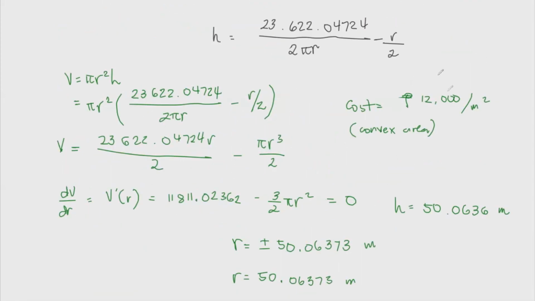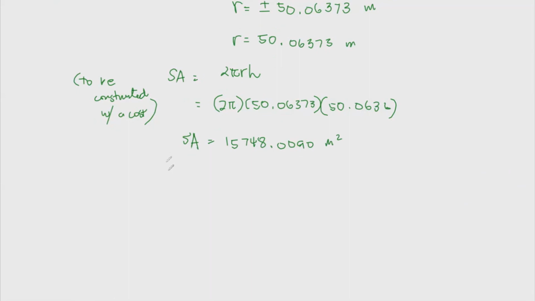So we know that the cost is 12,000 per meter squared, so the cost of construction is equal to 15,748.0090 times 12,000, because that's 12,000 per meter squared.